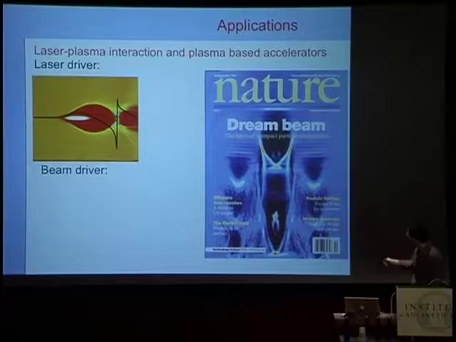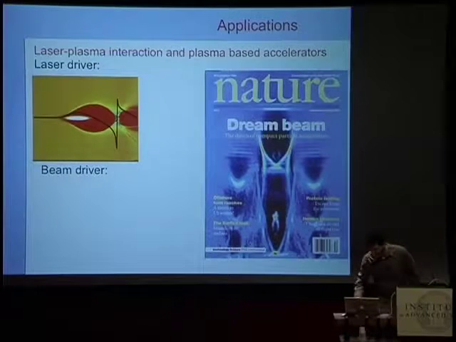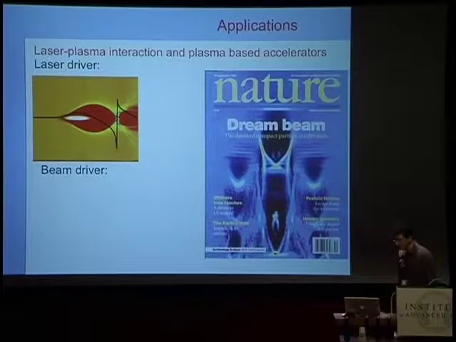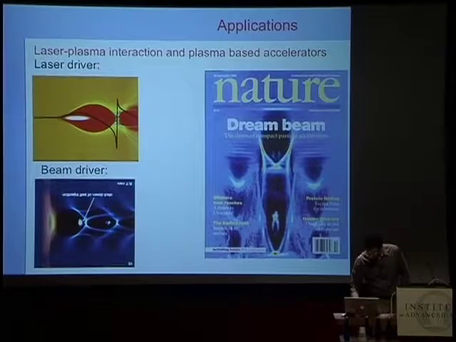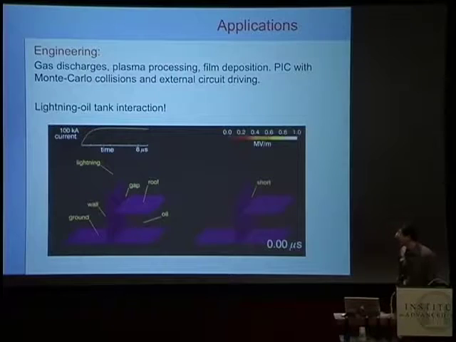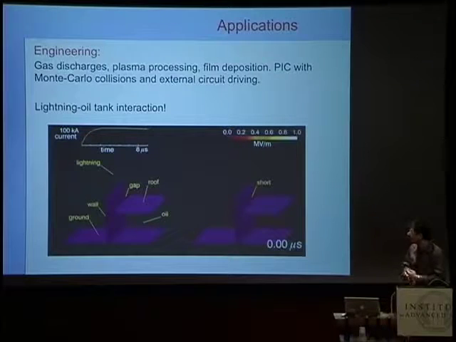So this is a Nature paper from an experiment at SLAC, where a simulation was confronted with an actual experiment, and the two agreed to remarkable precision. OK, other examples: these codes are commonly used in engineering, where you have, say, various gas discharges.